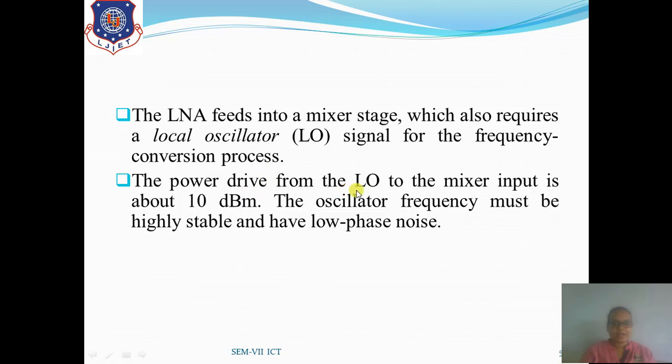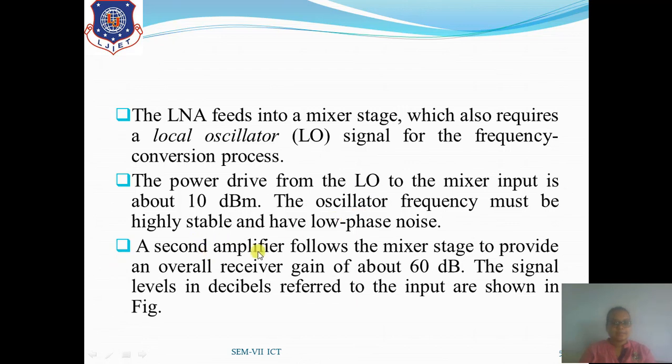The power drive from the local oscillator to the mixer input is about 10 dBm. The oscillator frequency must be highly stable and have low phase noise. So these are the two characteristics of the local oscillator.